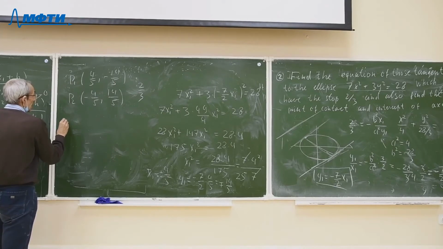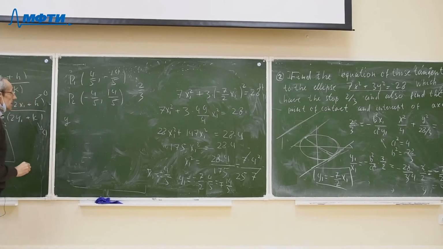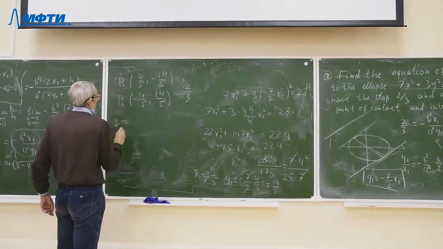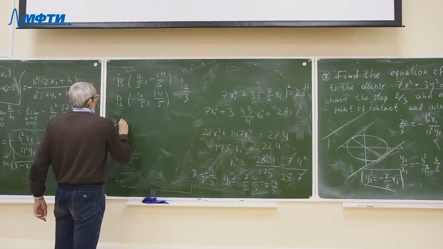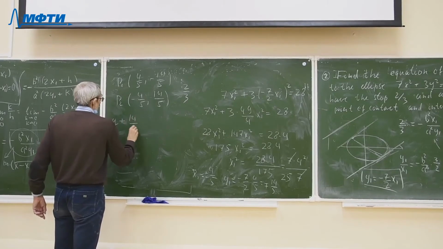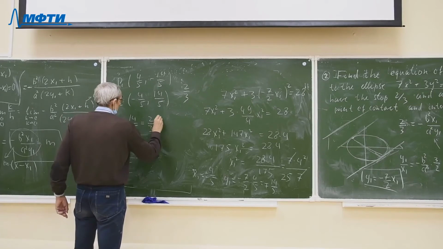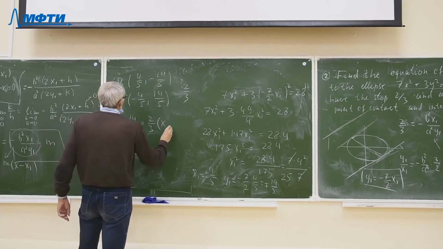equation for the tangent: y minus y plus is equal to 2 divided by 3 times x minus.